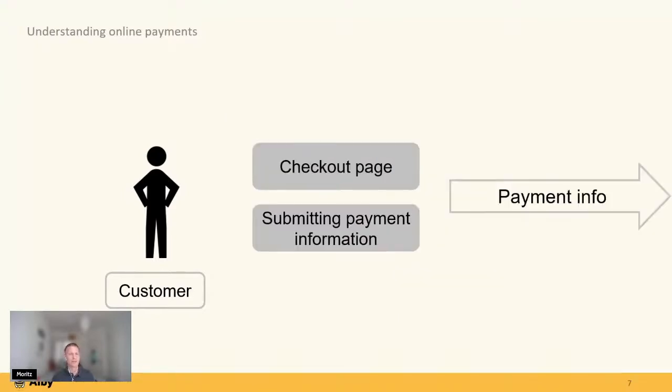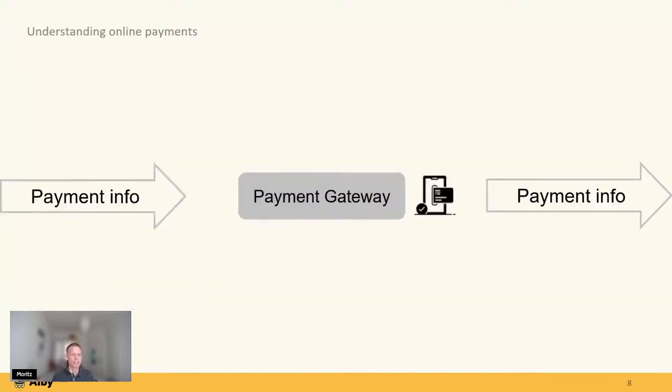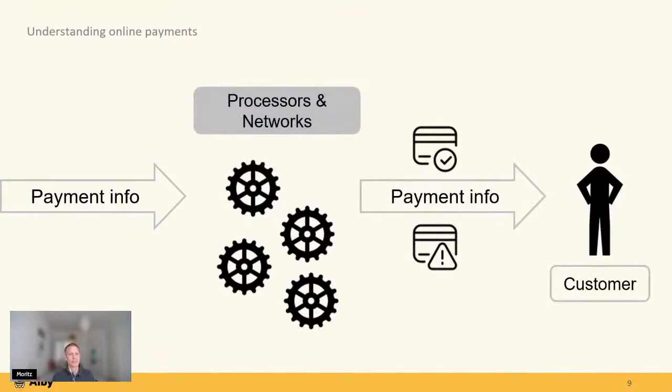A customer makes a purchase from your website by submitting their payment information. That information is then sent to the payment gateway, and the gateway encrypts the payment information and shuttles it to a series of approved payment processors and networks for authorization, where the payment is either accepted or declined.